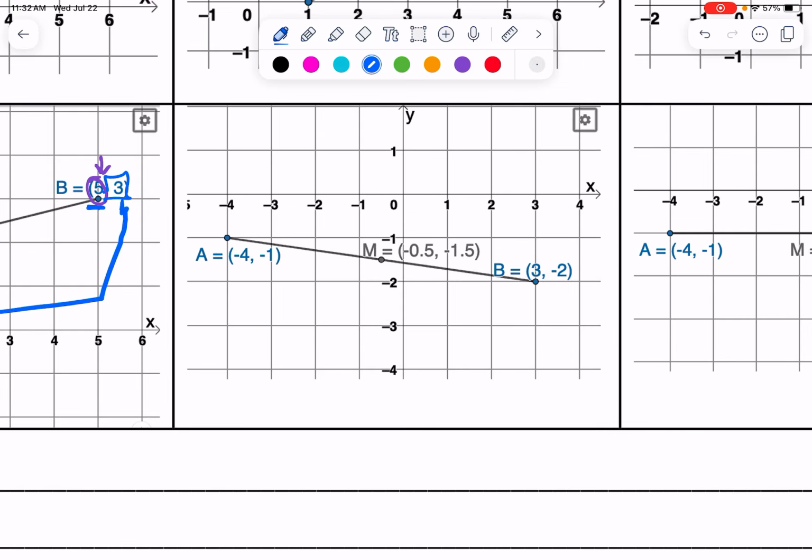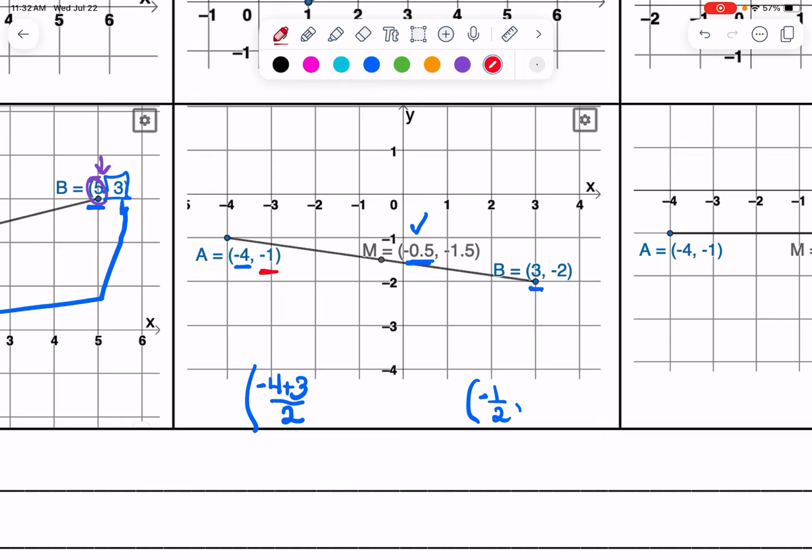Okay, so if we add the x-coordinates up, -4 and 3 is a total of -1. And if we divide that -1 by 2 to make it halfway, then we get -1 divided by 2, and that is the same thing as -0.5. Okay, that checks. So then let's try the y-coordinates.